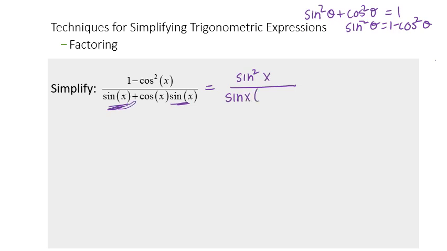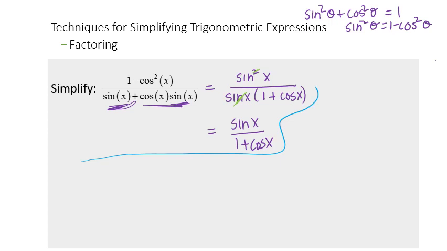When I factor that out of here, I'm left with a 1. When I factor that out of here, I'm left with a cosine. So I can cancel out one of these with one of these. That leaves me with sine of x over 1 plus cosine of x. Now, there's totally another way that we could have done this too. So I'm going to show you guys another way that's going to get us a different answer. And they're all still equivalent.